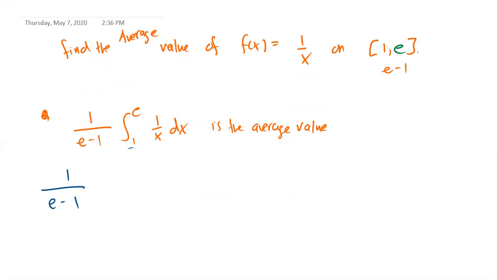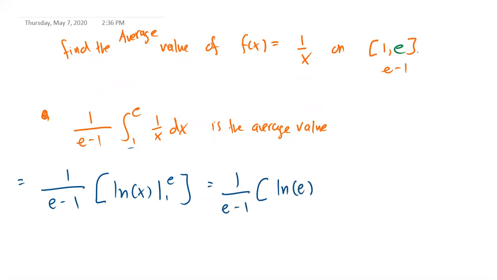So an antiderivative would be ln of x, evaluated from 1 to e. Remember the notation. So ln of e, so evaluate at the top endpoint, subtract evaluated at the lower endpoint. Ln of e is 1, ln of 1 is 0, so it becomes 1 over e minus 1 times 1, which is just this.